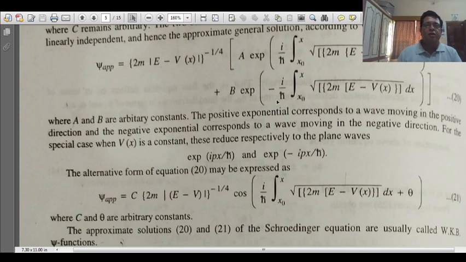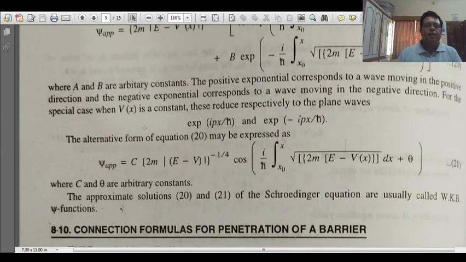For the special case, suppose we take V x as constant. Then these approximate solutions reduce to plane waves, like e raised to iota px upon h cut and e raised to minus iota px upon h cut.